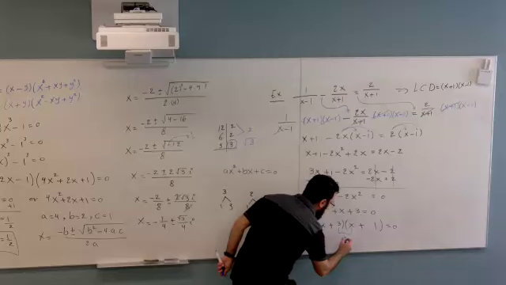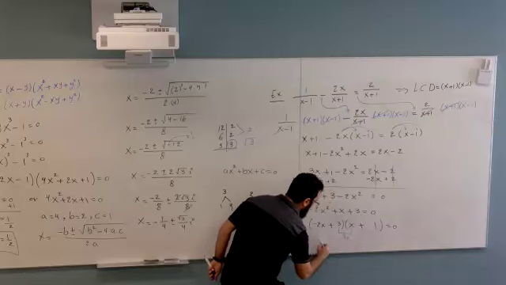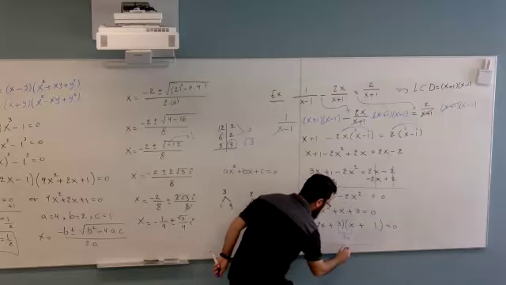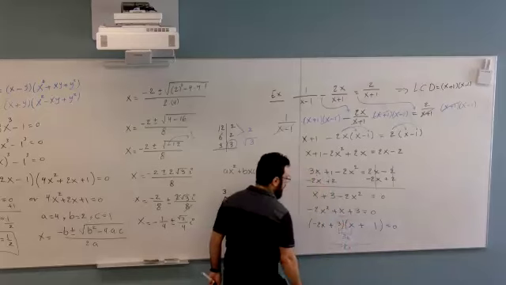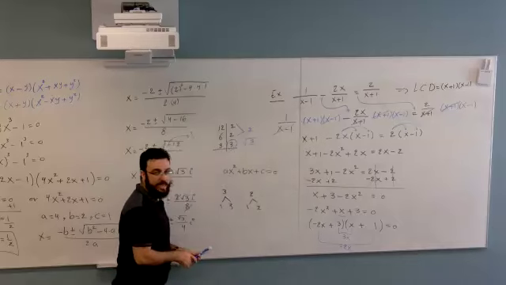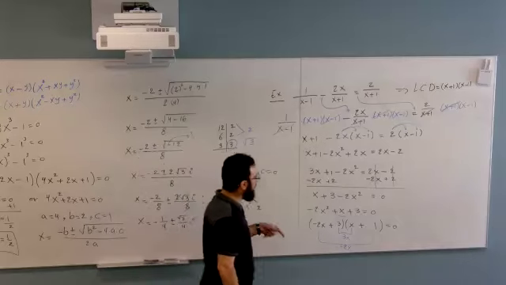So if I say 3 times x, 3x, negative 2 times 1, negative 2x, right? Combine these together is going to be what? Is that right? Our next step is going to be what?